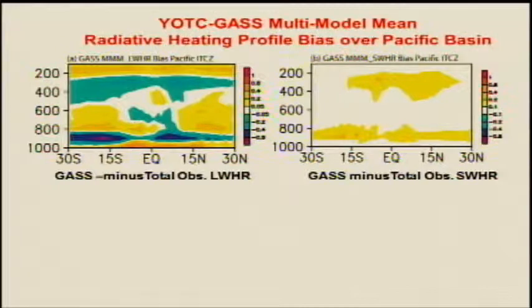Okay, so this is the longwave heating rate bias, multi-model mean against our observation, south to north over the Pacific Basin. One can see that there's a clear too warm, that is less cooling bias, and a too cold bias. This is a response to the convergence from the cloud top to space. And this is what we just mentioned, that the longwave escapes too much because the cloud is too thin, such that it cools too much at the top and warms near the boundary layer.